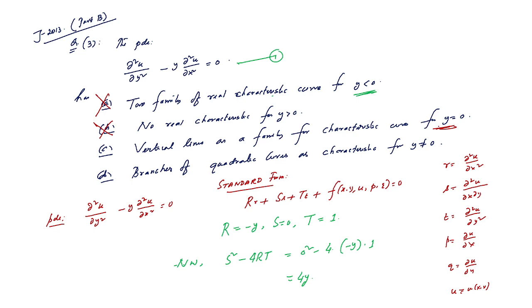Okay. So one case is y equals 0, and another case is y not equal to 0. So now what we will do, if y equals 0, in that case it will be parabolic, and we have one equal root.